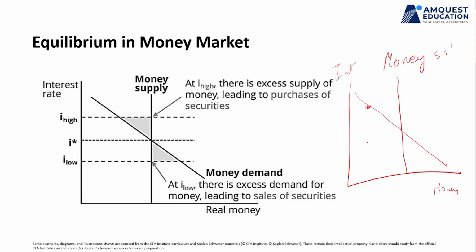If the interest rate is high, the demand is low. Interest rate is low, demand is high. So the interest rate is inversely proportional. Clear? So therefore you'll see on this curve, I'm looking at interest rate falling, demand for money going up, right? But there's a point where the demand for money will equal the supply of money. And this point is called the equilibrium point.